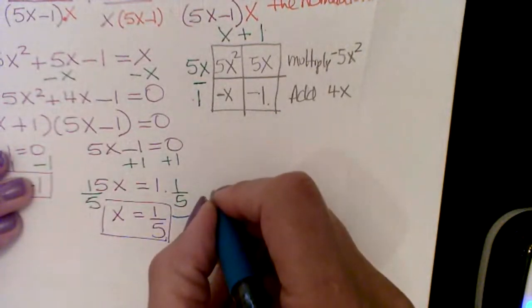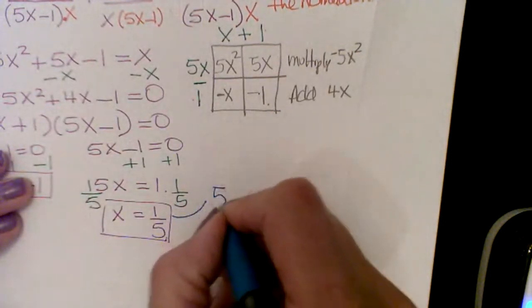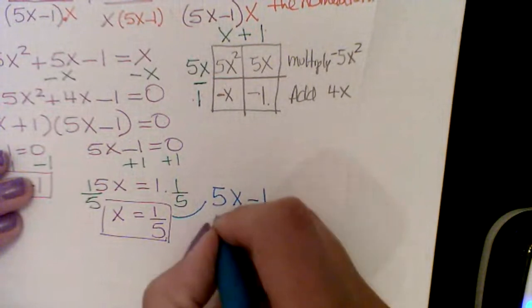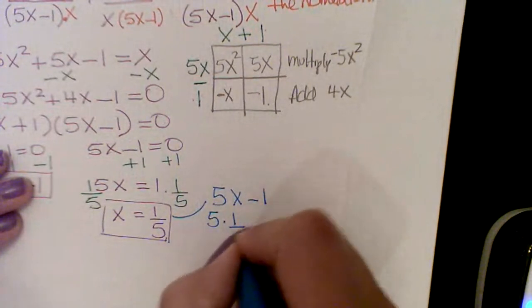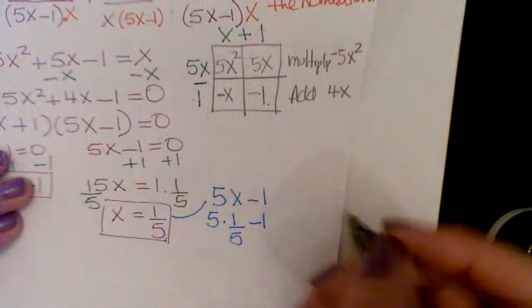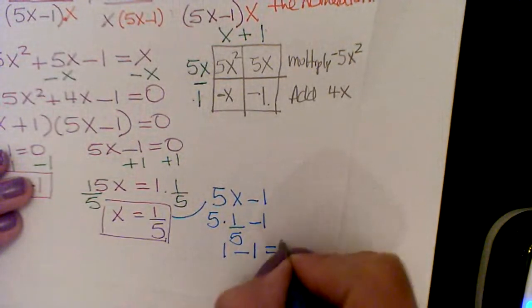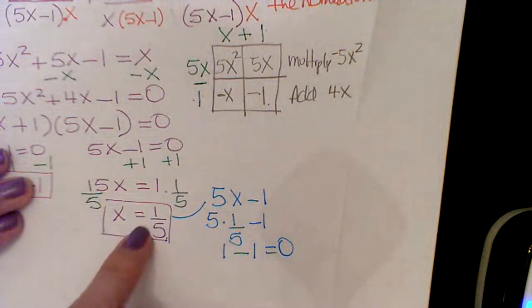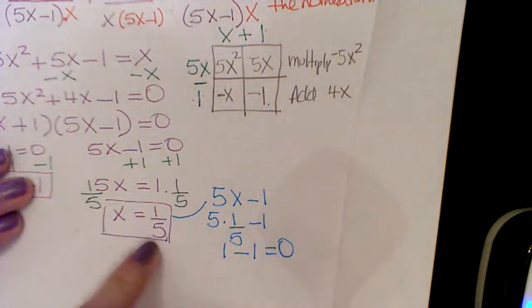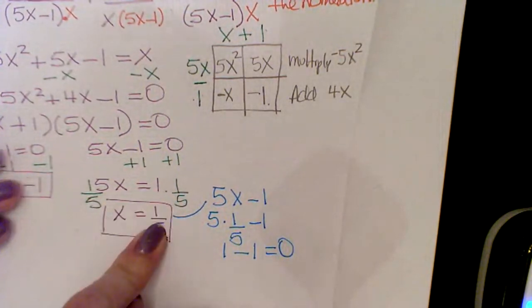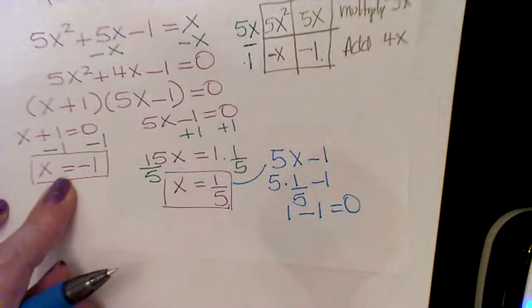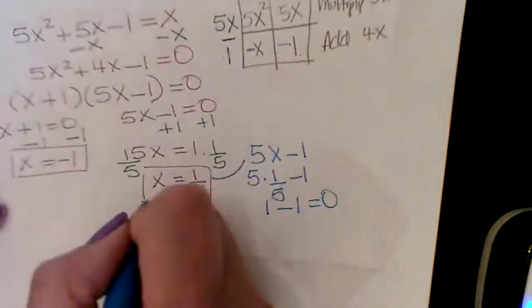So it's for the denominator, 5x minus 1. So what do we get here? 1 minus 1, so it's going to be 0. So this one makes the denominator 0. We cannot use it. We're only going to be using this one. Okay?